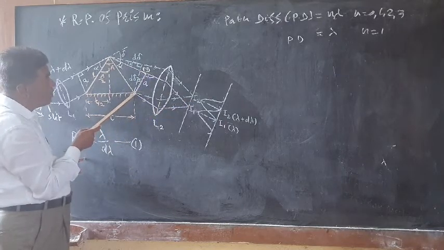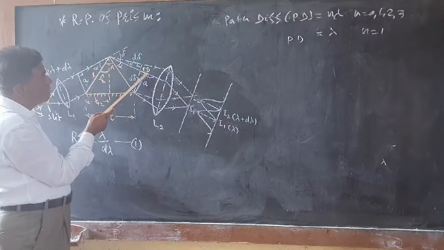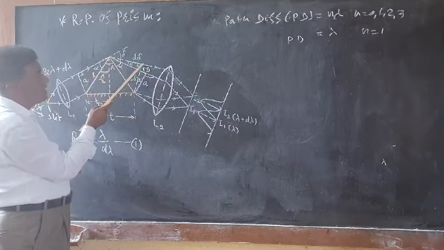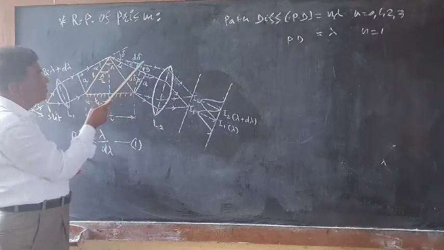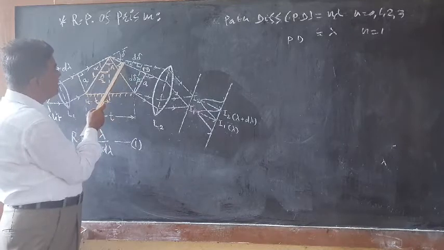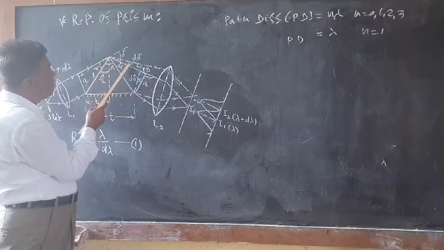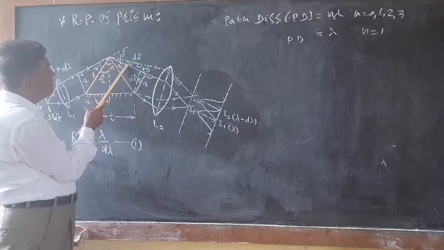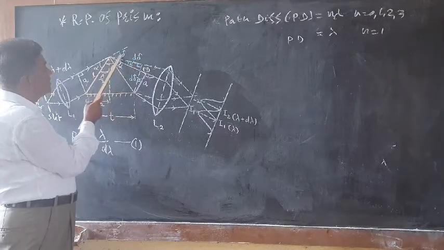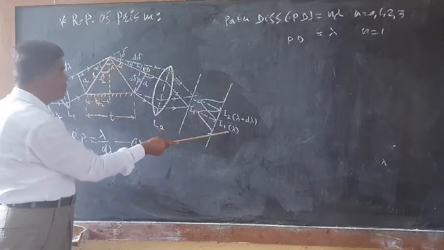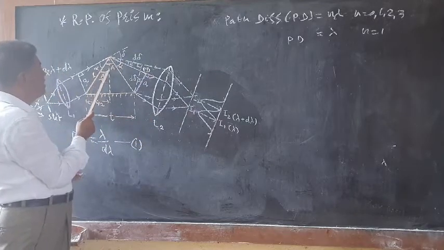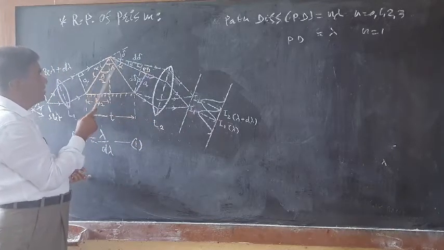Draw the normal from this point onto the solid ray as well as the dashed ray. You have to remember that d delta is nothing but the difference in the angle of deviation between these two rays. Delta is the angle of deviation corresponding to wavelength lambda, and alpha is the angle of the prism, and so on.